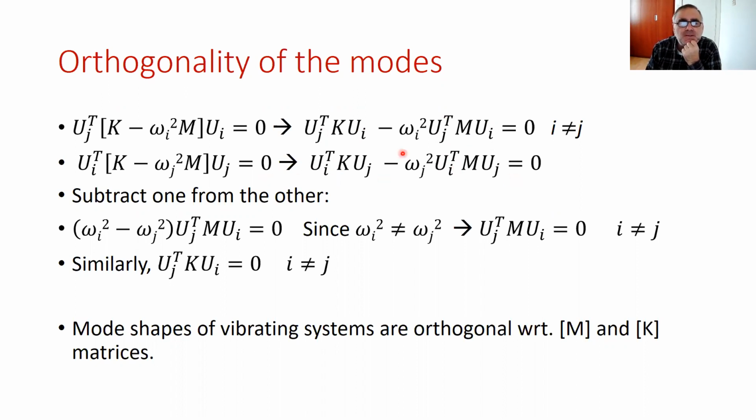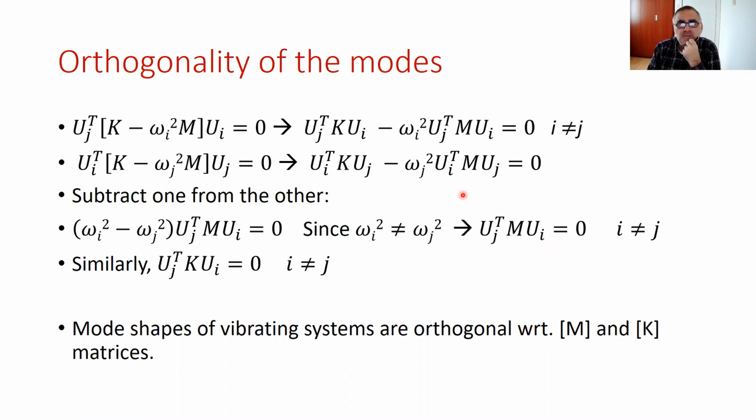So if you subtract them from each other, these are going to cancel each other, and we are going to be left with omega i squared minus omega j squared, times uj transpose M ui, equals 0. Since the natural frequencies are not equal, this part is not zero, then this part has to be 0. And this is what we wanted to prove. We said that the mode shapes are orthogonal with respect to the mass matrix. This is what we had claimed, and we have proved it actually.